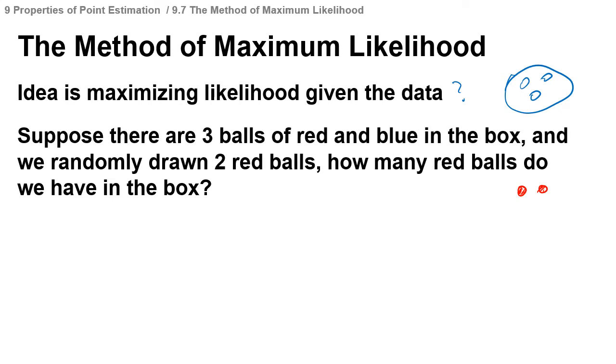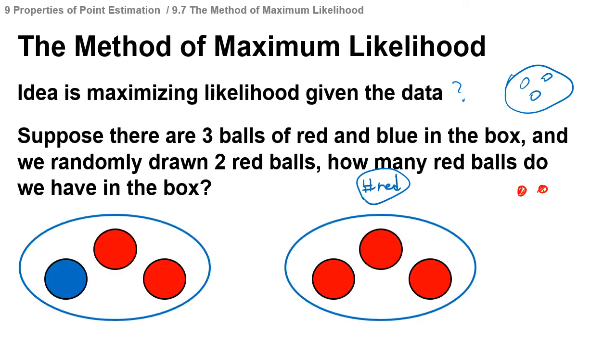So the parameter is the number of red balls, and this is the parameter we want to estimate. Actually, from the dataset, the situation is one of these two: we can have 2 red balls, or we can have 3 red balls. What situation is more likely?